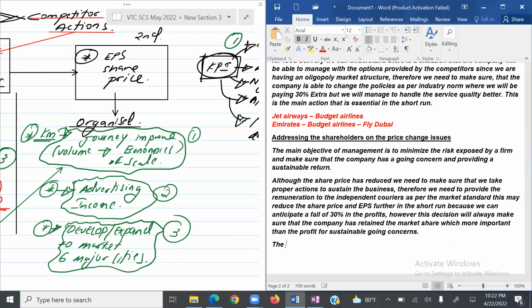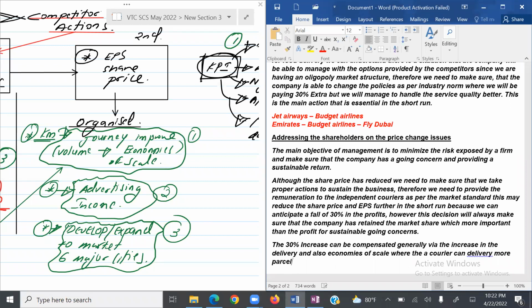Yes, sir. The 30% decrease can be compensated generally via the increase in the delivery and also economies of scale, where a courier can deliver more parcels on the same route of the journey.